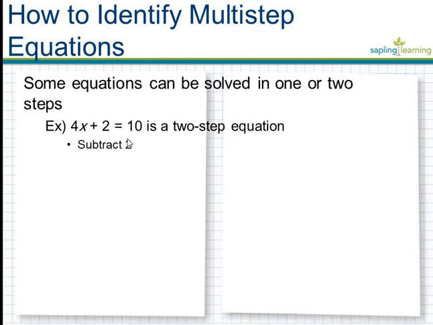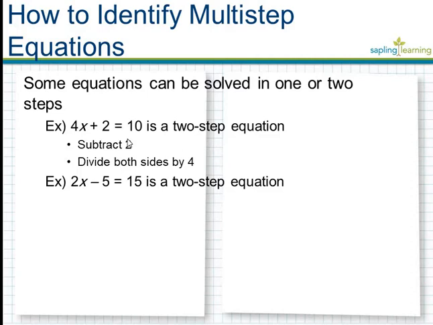We first subtract 2, which is using the inverse operation once. Then we use it twice by dividing both sides by 4. Even in this equation, we have to use the inverse operation twice, right? First by adding 5 to both sides, then by dividing both sides by 2.